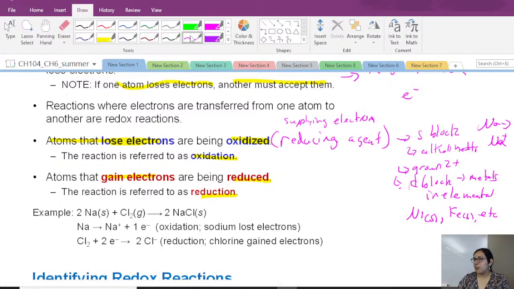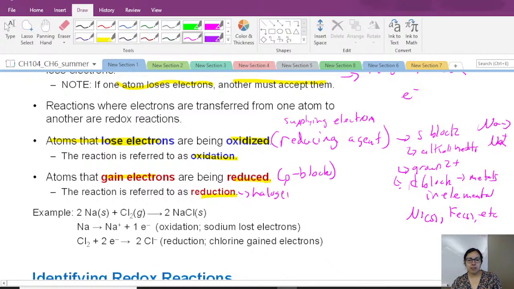And so now which block? P block. Yeah, so this is the P block, all those ones with our negative oxidation state. So obviously the halogens, and group 6 for sure. So are they the receiving agent? Or what do you say with that? Instead of reducing, oxidizing agent. Oxidizing means they're the receiving?